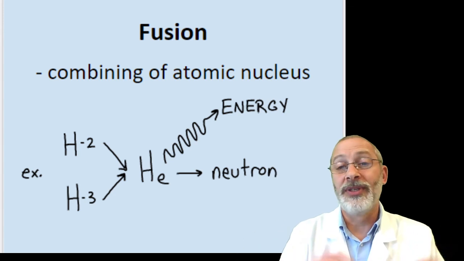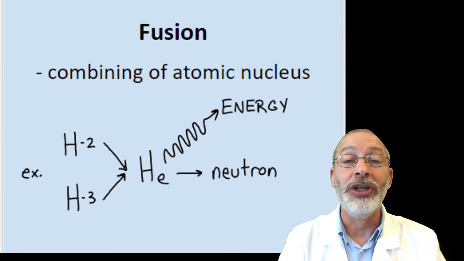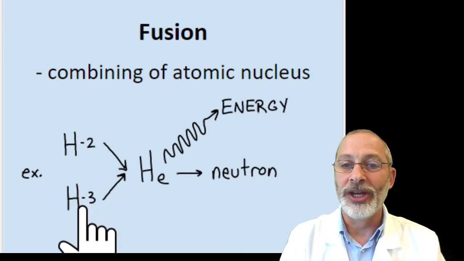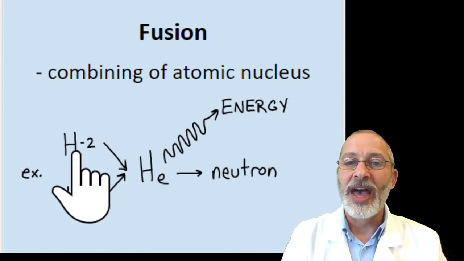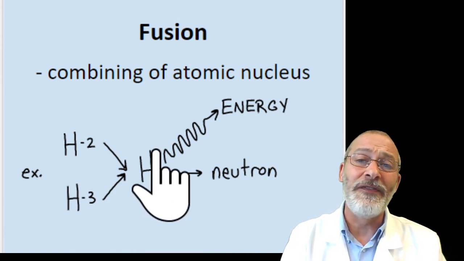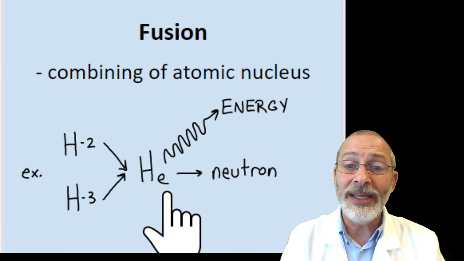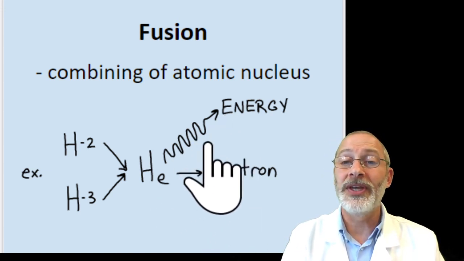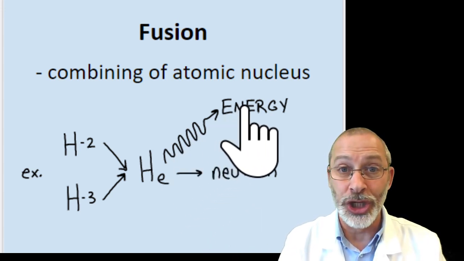And this is the type of energy that is released in the sun. We have hydrogen isotopes that are being fused together, and they fuse together to form helium and the release of a neutron and an enormous amount of energy.